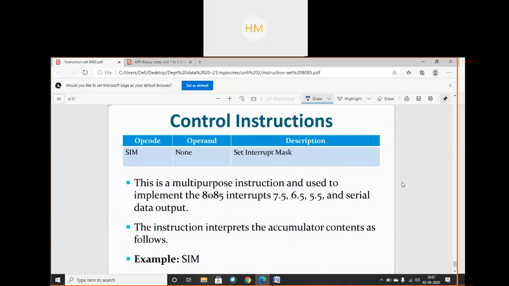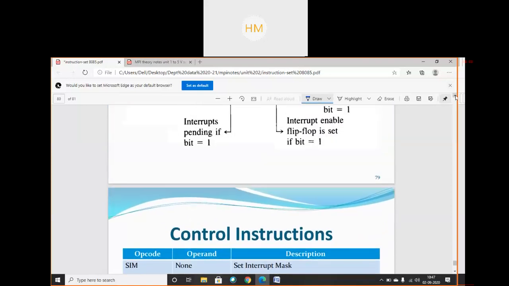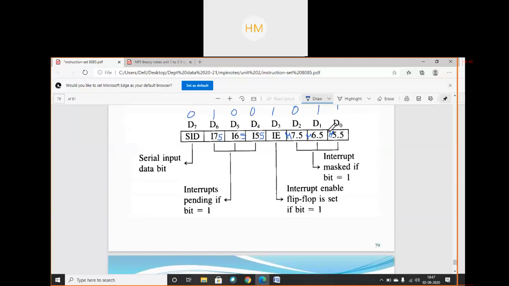Is it clear? The instruction interprets the accumulator content as follows. Whatever data is stored in the accumulator, it will read and save that data, and accordingly it will interpret the interrupts. So before using this instruction, if I am talking about the SIM instruction, I want that M6.5 should be masked, rest should be unmasked.